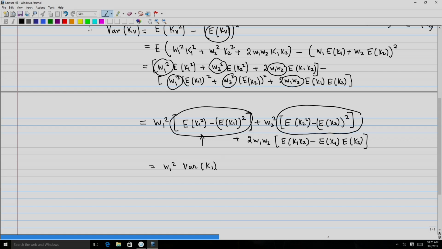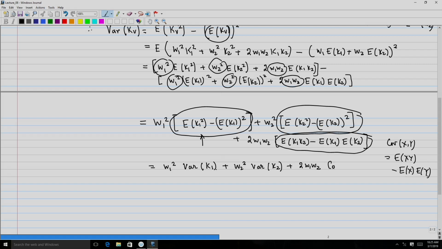Likewise, this term here is going to be variance of K2, plus twice W1 W2, you have this term. Remember we had covariance of XY was E of XY minus EX into EY. So, this term will become covariance of K1 K2.